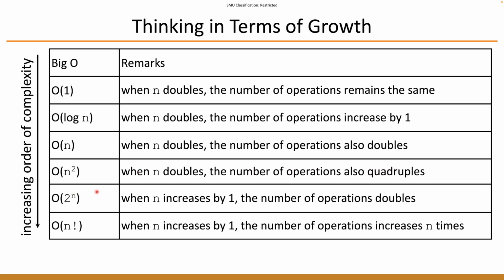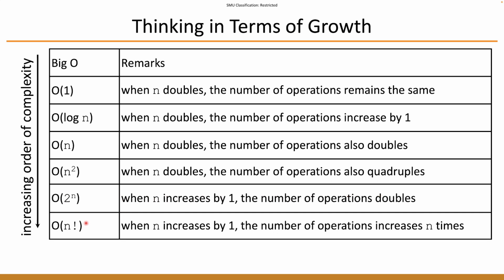If you have exponential, now you cannot double anymore because it's simply too much. Instead of n doubling, n increases by 1, but then the number of operations will already be doubling, right? Because this is 2 to the power of n. So 2 to the power of n plus 1 gives you an additional multiplier of 2. So when n increases by 1, the number of operations will double.